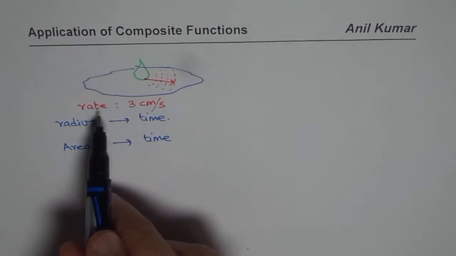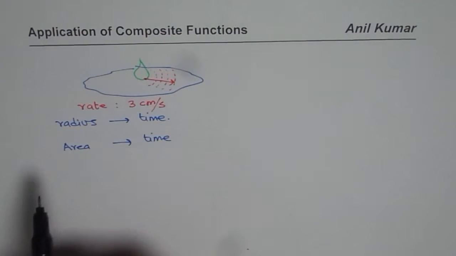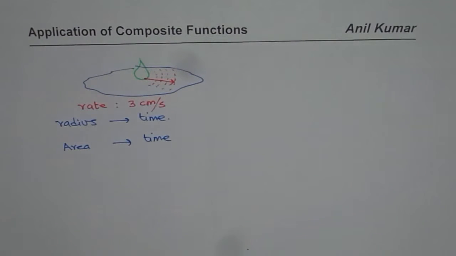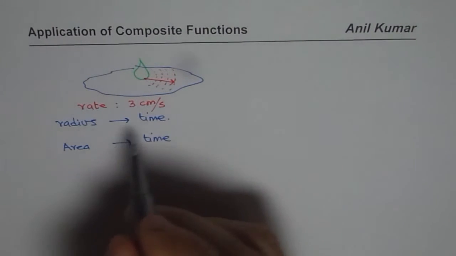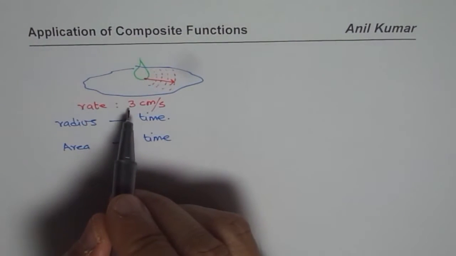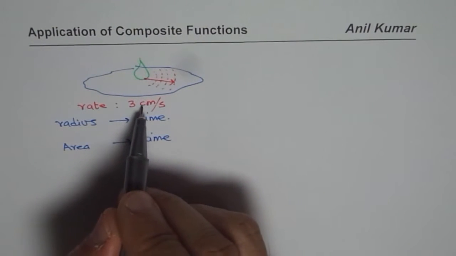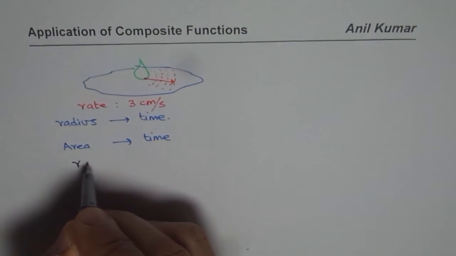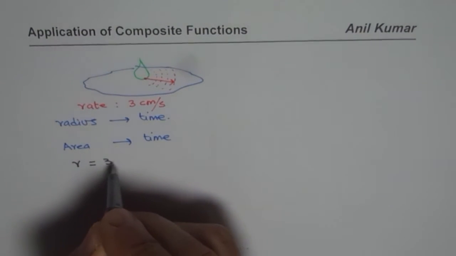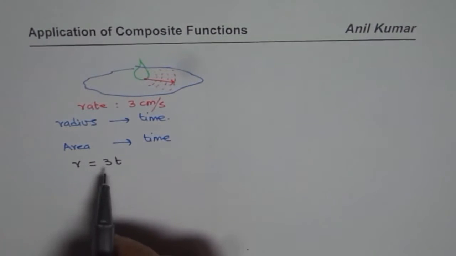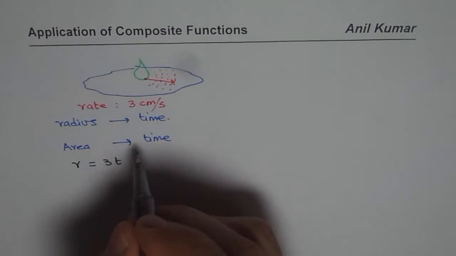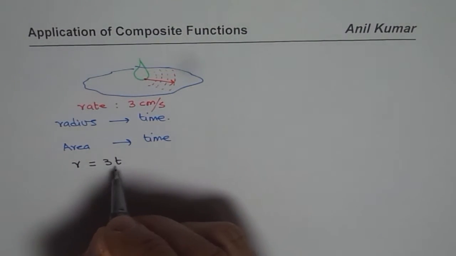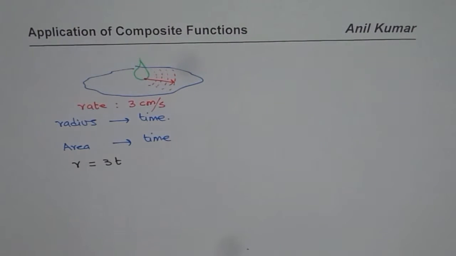Now to do so, we can find the relation between radius and time, since we know the rate at which the radius is increasing. In our case, since the radius is increasing at the rate of 3 centimeters per second, we can say that the radius r is equal to 3t, where the units are in centimeters, and time is in seconds, correct?